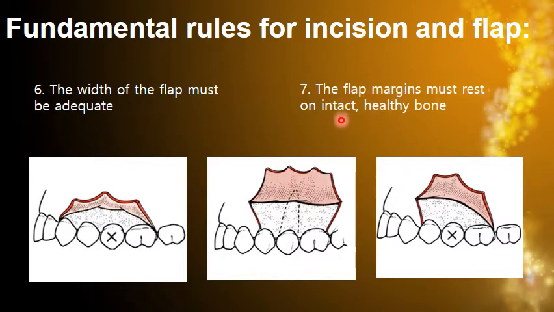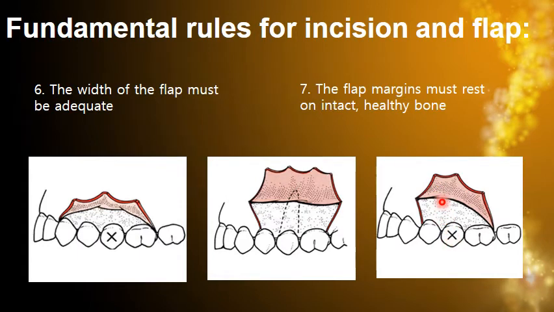Another thing I should keep in mind is that the flap margins must rest on intact healthy bone. The same, if I want to work on this premolar, I should not put the incision right beside the tooth that I want to operate on, because if I remove bone from here, then the incision line will fall directly over the defect.